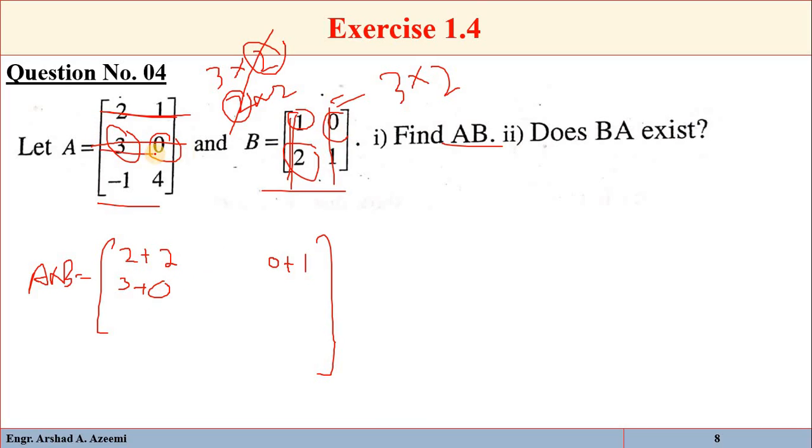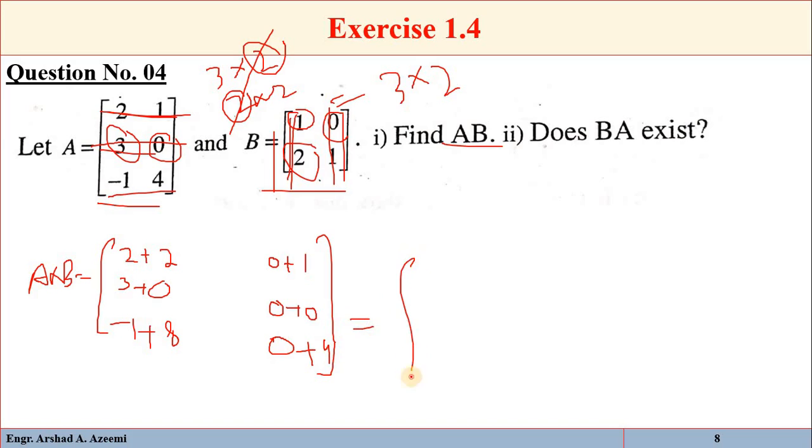Now this row with the second column, so 3 multiplied by 0, 0, plus 0 multiplied by 1, that is 0. Now the third row with the first column, minus 1 multiplied by 1, minus 1, plus 4 multiplied by 2, that is 8, minus 1 multiplied by 0, that is 0, 4 multiplied by 1, that is 4.